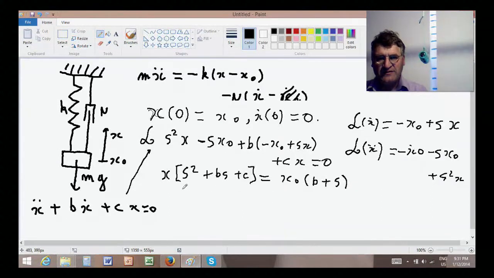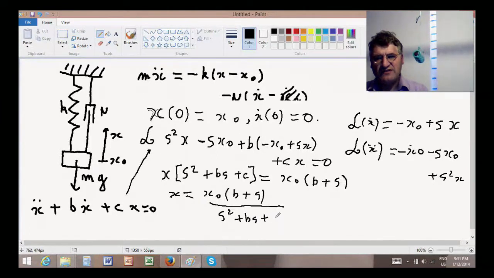Or in other terms, x is equal to x0 times b plus s divided by s squared plus b s plus c.